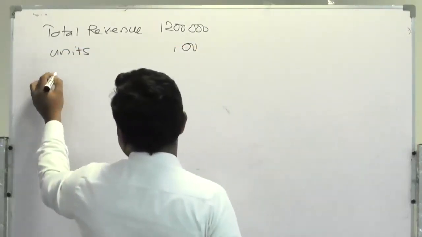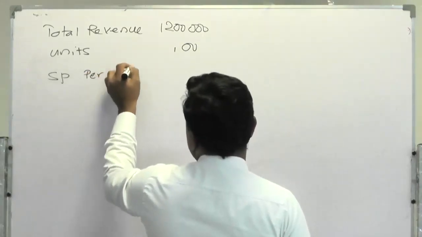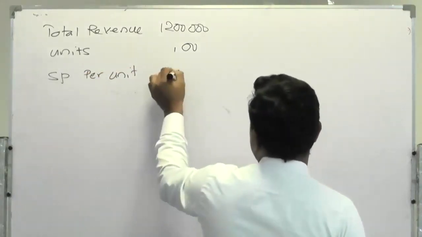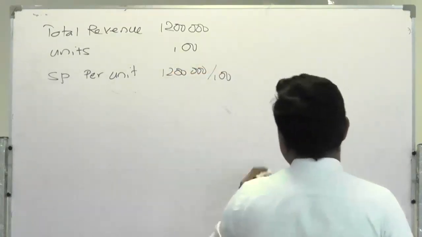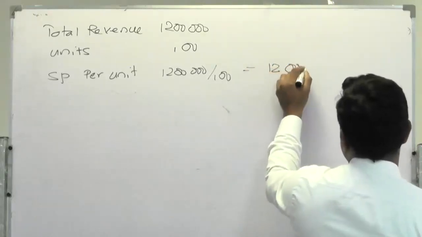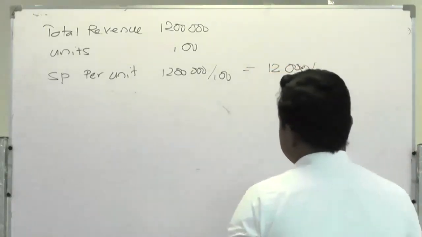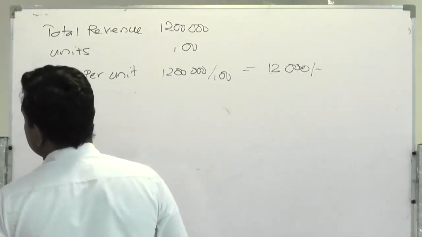Therefore, sale price per unit will be 1.2 million divided by 100, that will be 12,000 rupees, right? Selling price per unit.